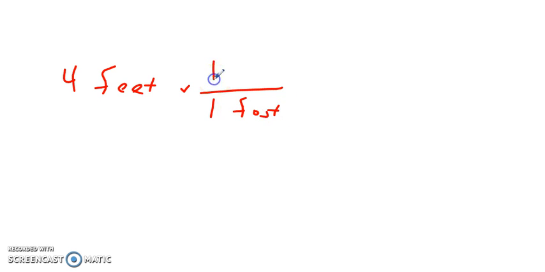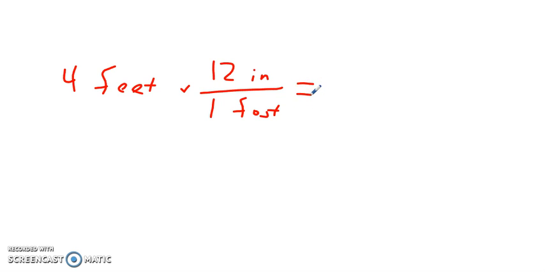To demonstrate that real quick with an example you should be more familiar with, if you had something like 4 feet, and I want to convert this into inches, then what I do is I multiply by some fact that relates feet and inches. In this case, 1 foot is equal to 12 inches.